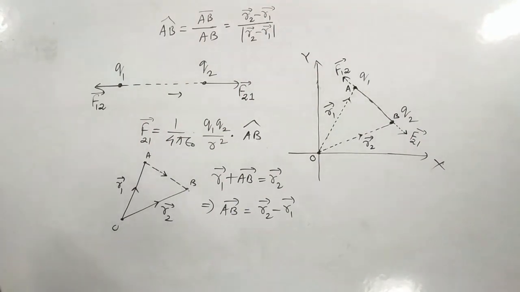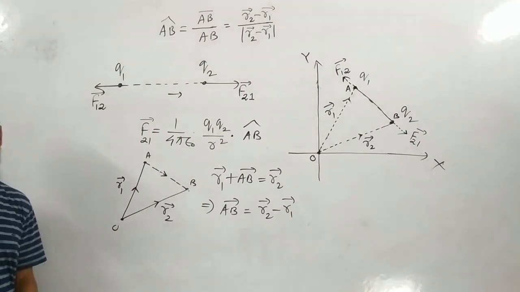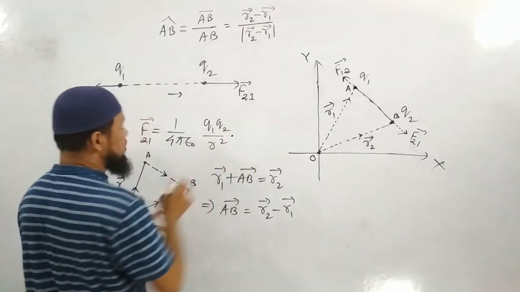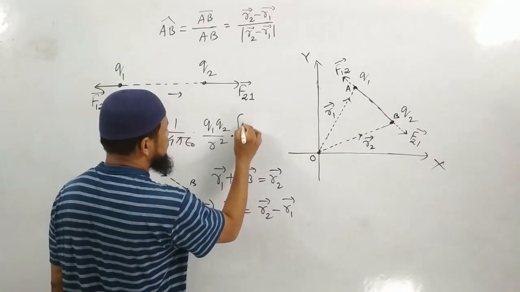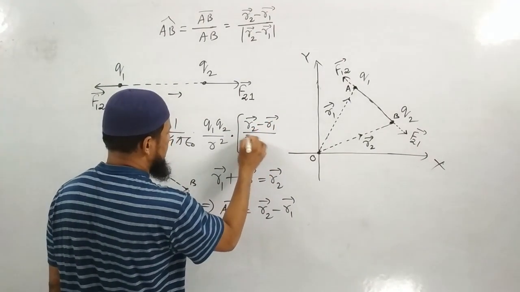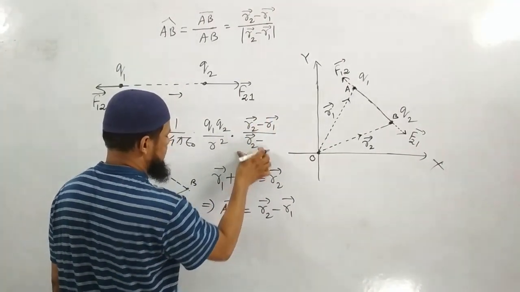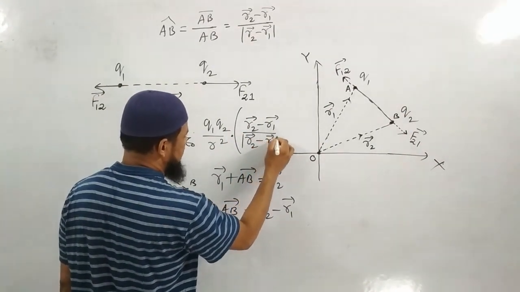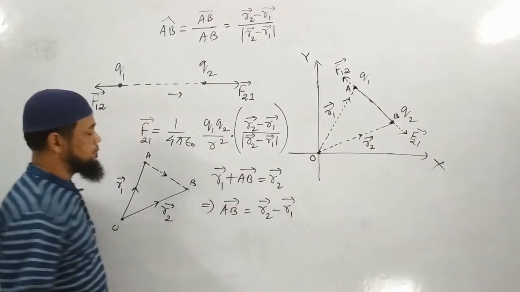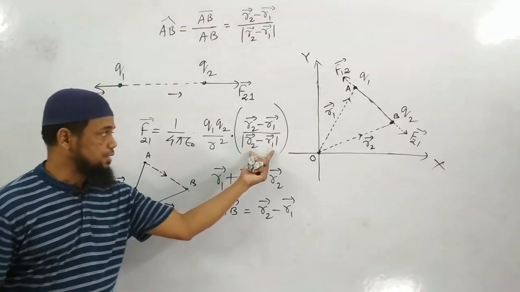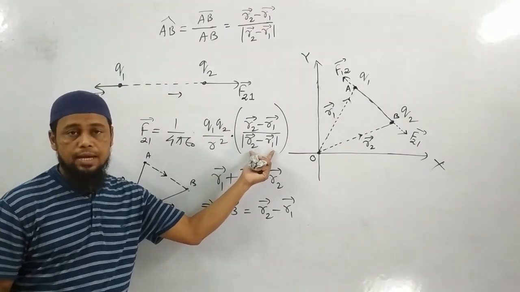This is AB cap. So the unit vector is R2 bar minus R1 bar divided by the magnitude of R2 bar minus R1 bar.